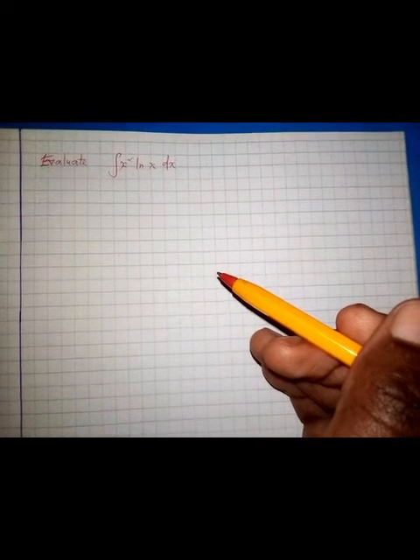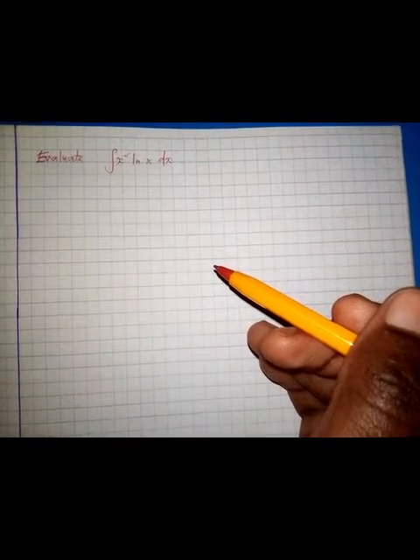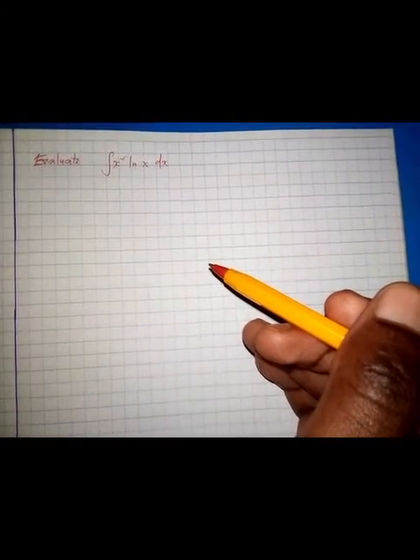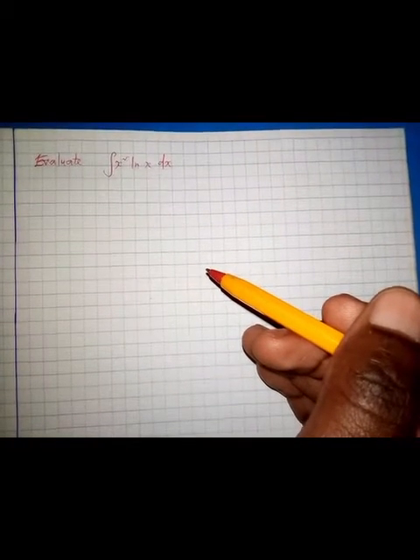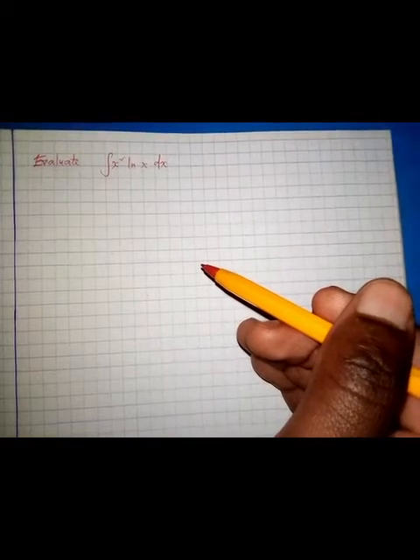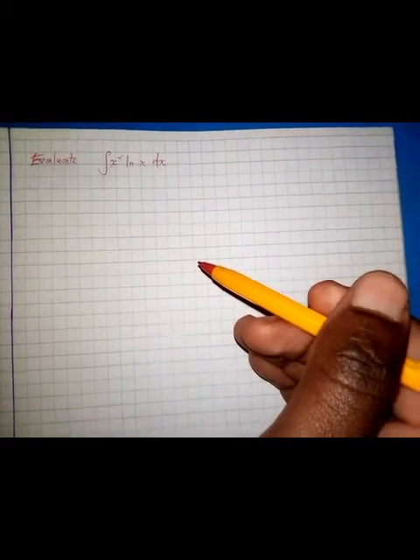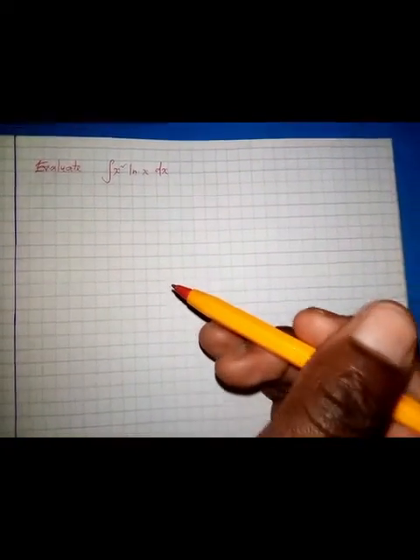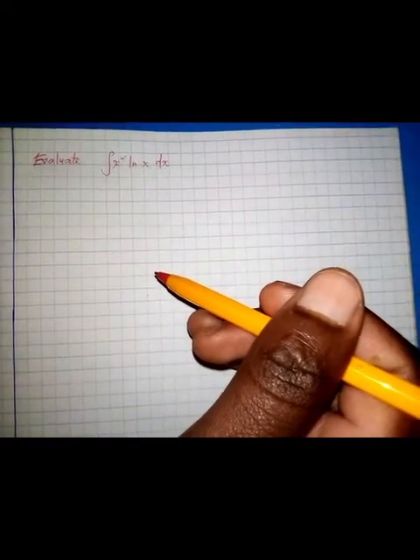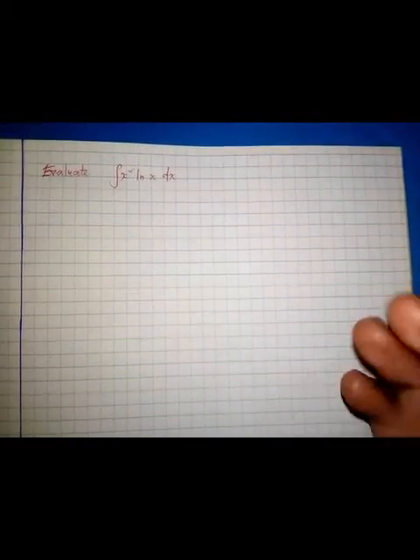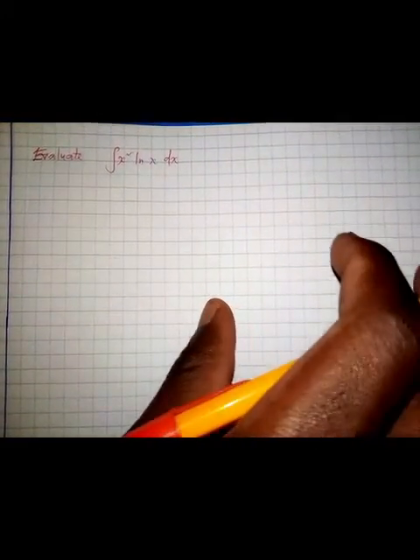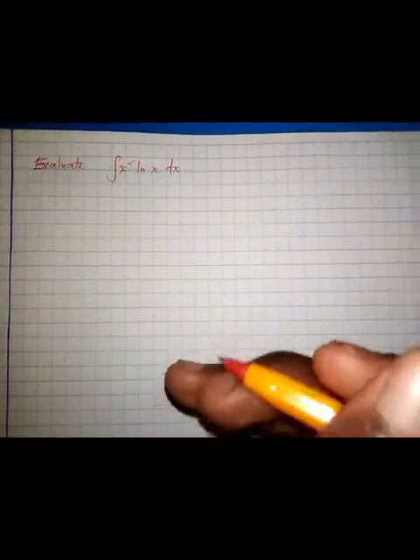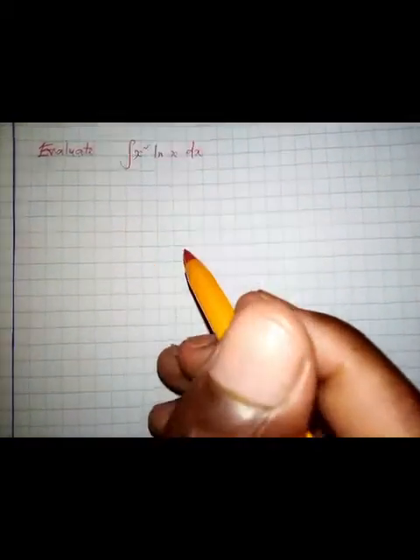The second was to try letting U be the portion of the integrand whose derivative is a simpler function than U. Then DV will be the remaining factor or factors of the integrand, which can be one factor or more than one.